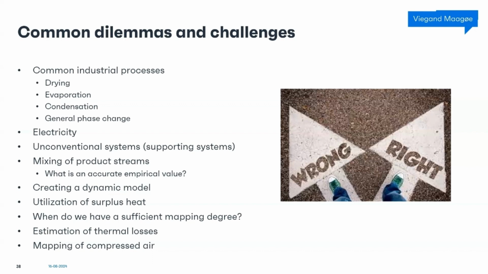The same goes for evaporators, and we have talked about evaporation and condensation. These phase changes in general can be tricky, but the energy used for the phase change should be put in where you have the CP value, using a temperature difference of 1 degree, and then you will be good for that one.